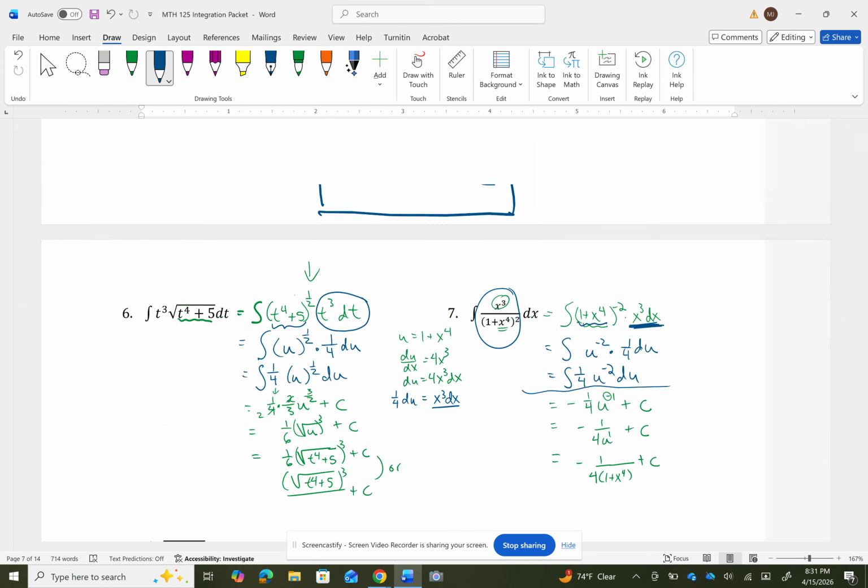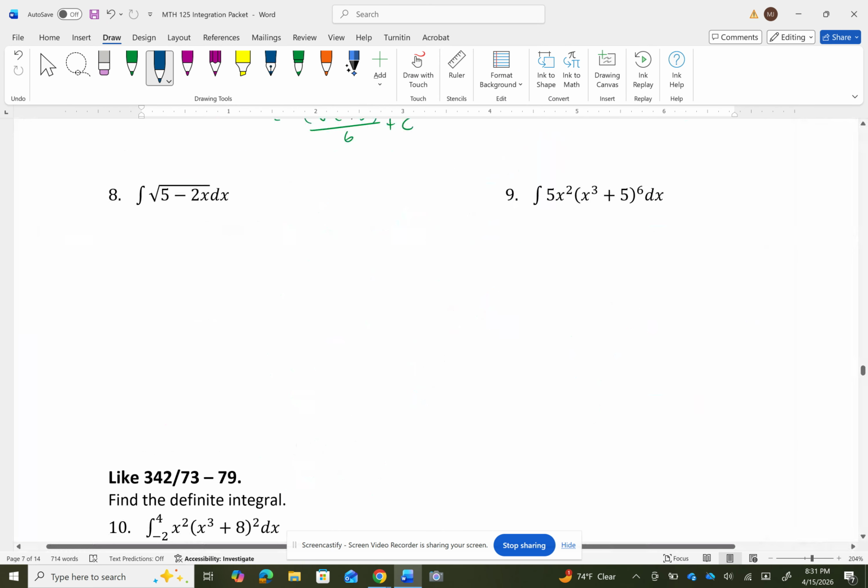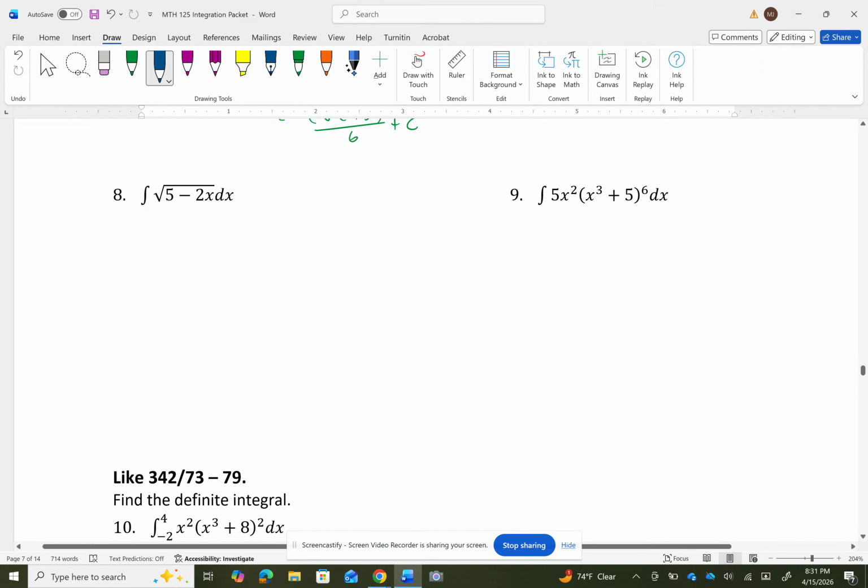All right, let's see what else. I'm going to try to do these other two in this video. So on this one, we'll rewrite. We'll put the 5 minus 2x in parentheses, and then it's being raised to the 1/2 power, really.